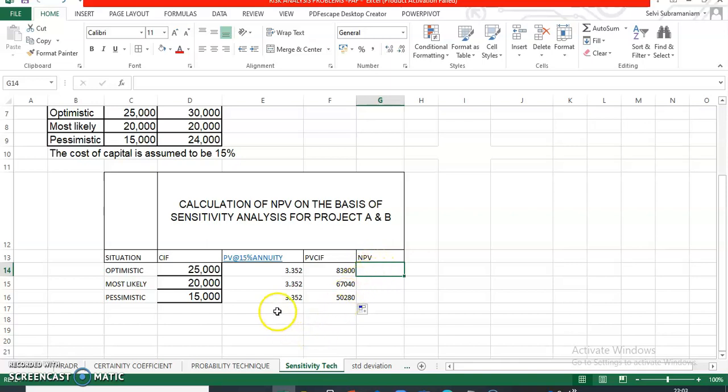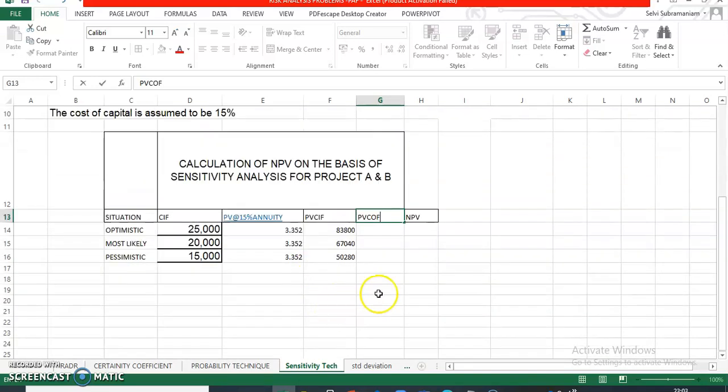So what I can do is, I may cut this, put it across over here, and let me put PVCOF, or the initial investment, as 50,000. So therefore it's going to be easier for us to understand the remaining, right?